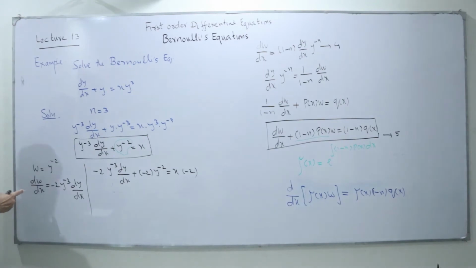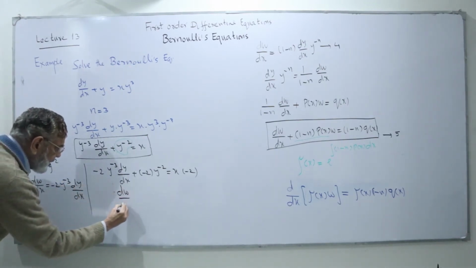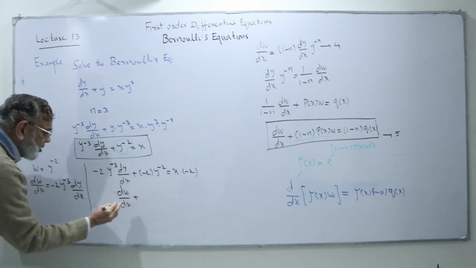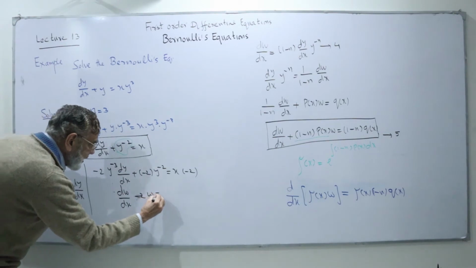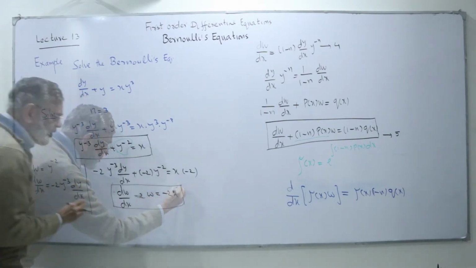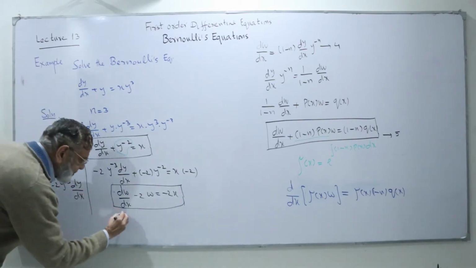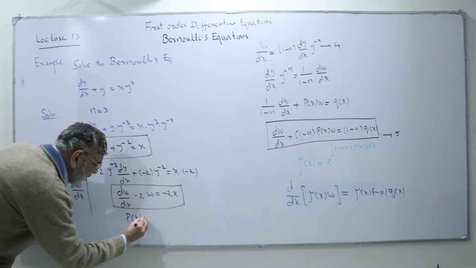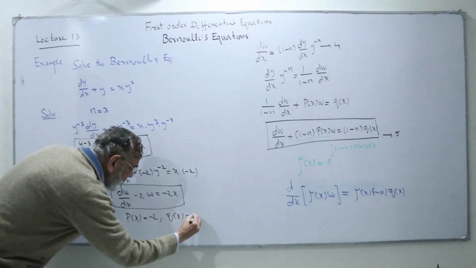Now I substitute the values. This is my dw by dx plus minus 2w is equal to minus 2x. So this is my first order linear differential equation in w. My p of x is equal to minus 2, and my q of x is equal to minus 2x.